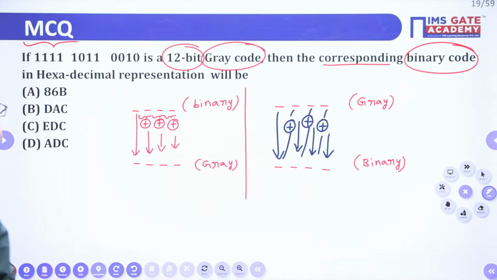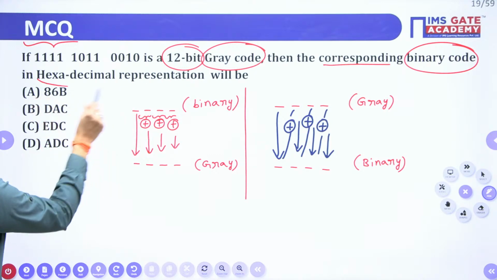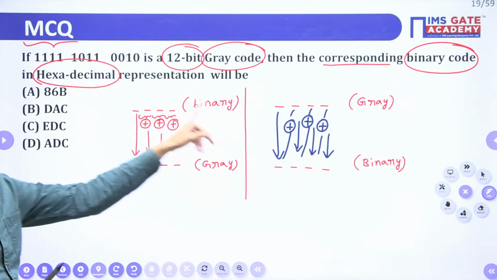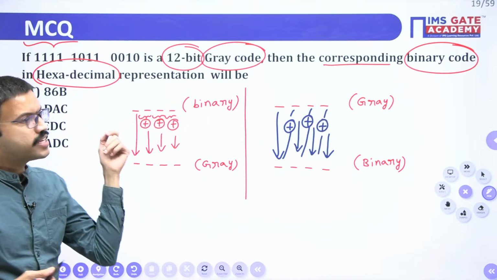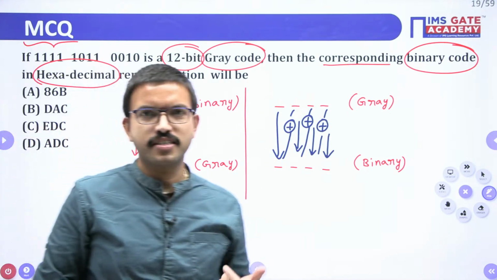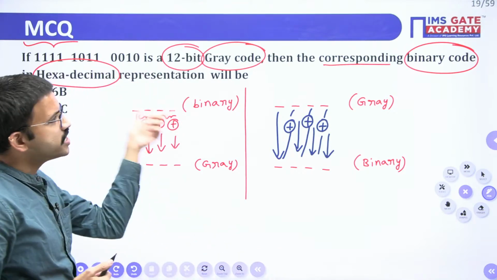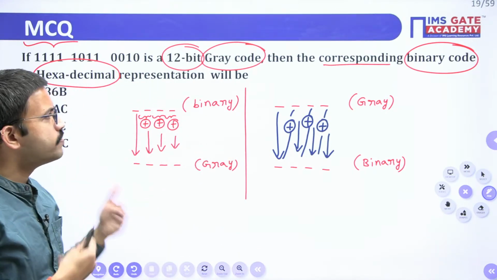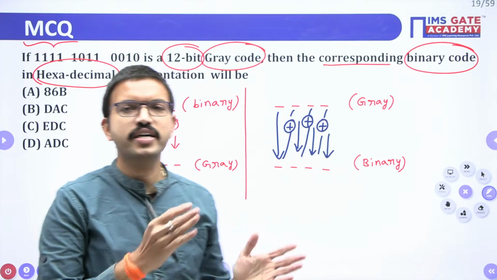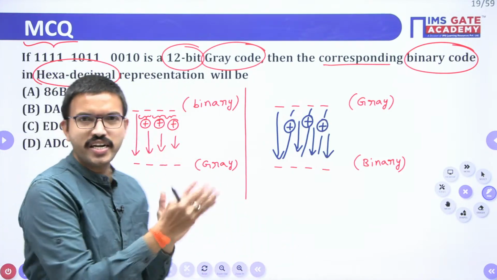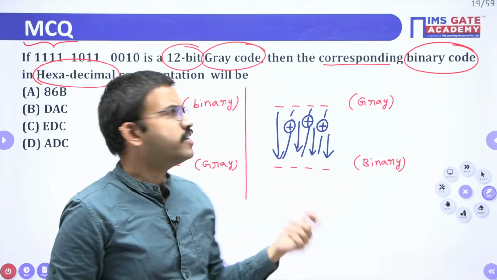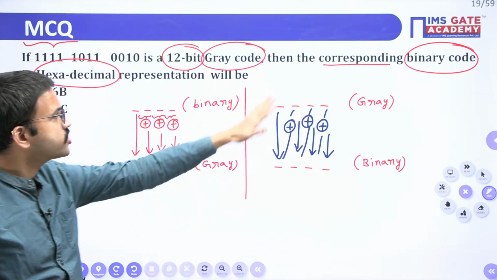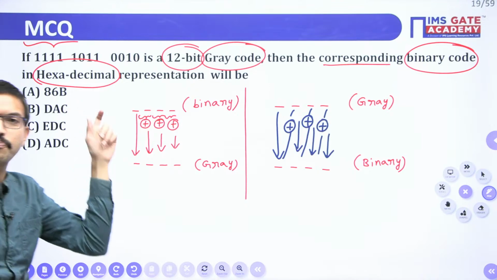They have asked that whatever the binary code you are getting, you have to represent that in hexadecimal. Earlier, one of the students asked that the number system is not part of the electrical syllabus. But if they ask a question related to gray code here, or if they frame some question in the 4th chapter regarding some circuit, where you are supposed to identify whether the circuit is acting as binary to gray or gray to binary, then definitely you should have the concept of this conversion and the knowledge of number system conversion.